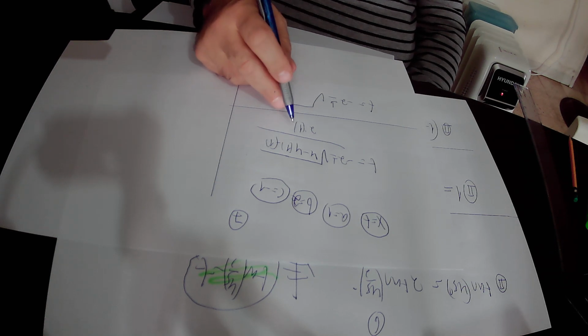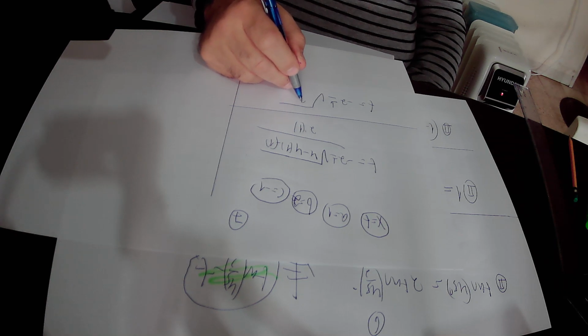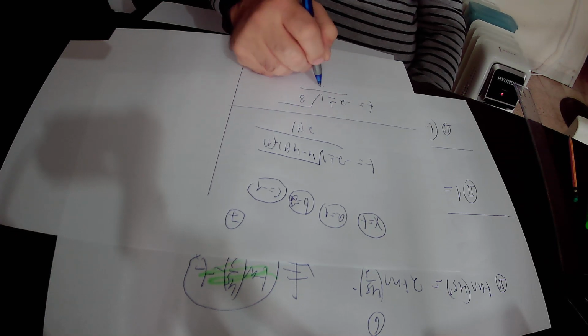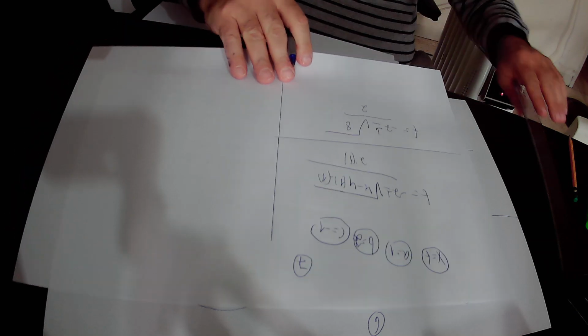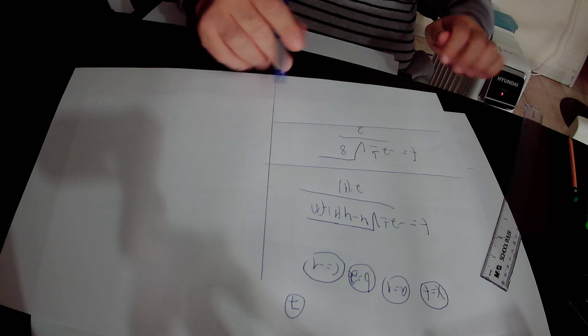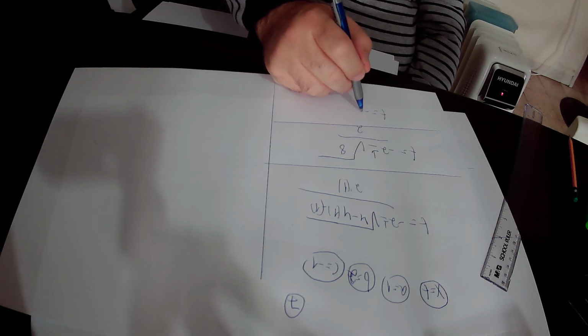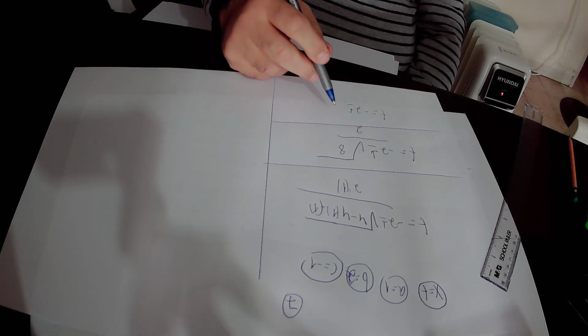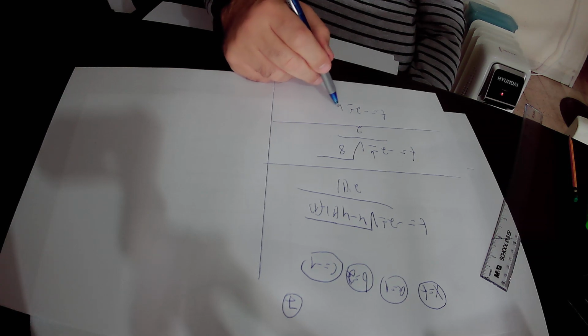So in total inside the root we have only 8, divided by 2. So t equals minus 2 plus or minus the square root of 8.